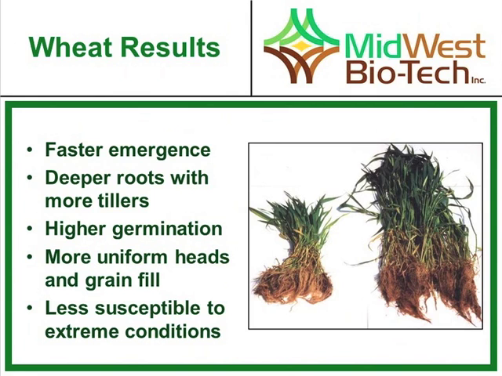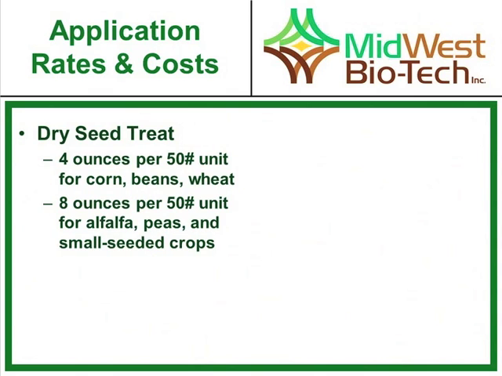So not only in cash crops like winter wheat, oats, and rye, but also in cereal-based cover crops, we had really good results. In terms of the application rates and costs, you really only need a very small amount. Our dry seed treatment is on a talc carrier, so you use 4 ounces per 50-pound unit.